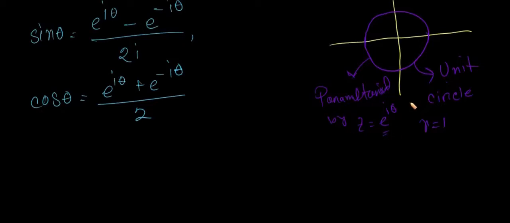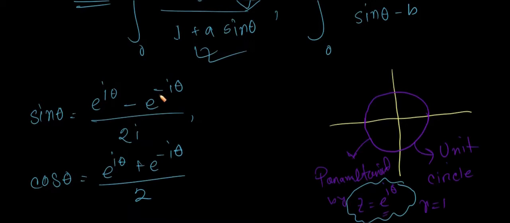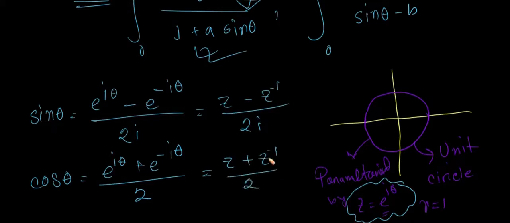If you see over here, the circle itself is parameterized by e to the power i theta, that is denoted with z. So we can write sine theta as z minus z inverse, divided by 2i, and cosine theta as z plus z inverse, divided by 2. Why z inverse?